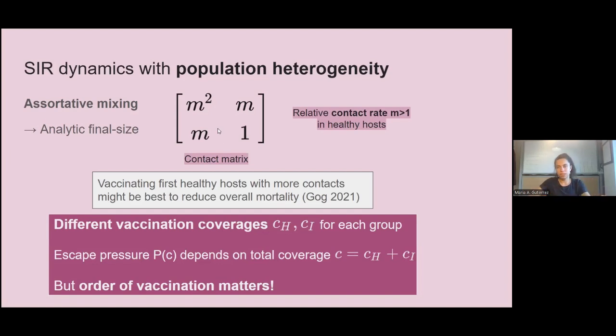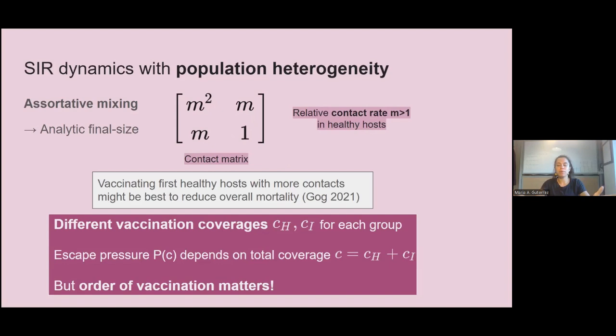So just assuming a very simple contact matrix, you have an increased contact rate for the healthy host. And then the key addition that I make to this model is that the immunocompromised hosts contribute more to escape through the parameter alpha that I mentioned earlier.